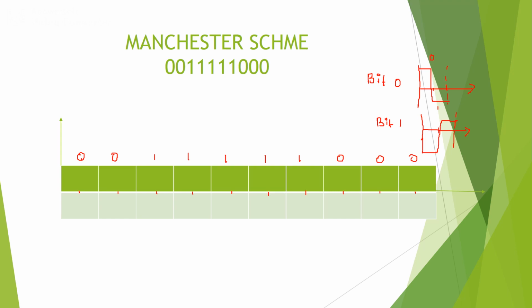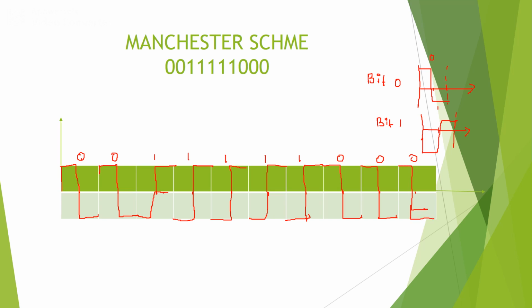So now the first one is bit 0, the second bit is also bit 0, the next bit is bit 1, the next bit is also bit 1, bit 1, bit 1, bit 1, then 0, 0 and 0. So now we can join the lines like this.